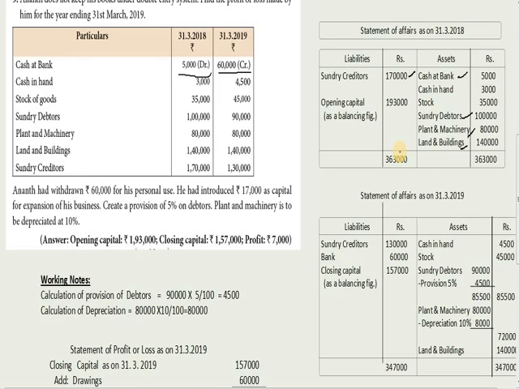And we have to calculate provision on debtors on closing debtors only. Similarly, we have to calculate depreciation on closing value of asset only. So when we are preparing the statement of affairs as on 31st March 2019, we have to make workings for creating provision on the debtors and creating depreciation on the plant and machinery.